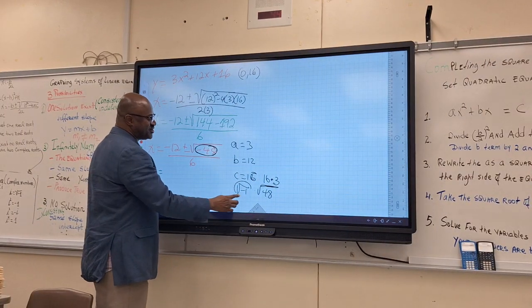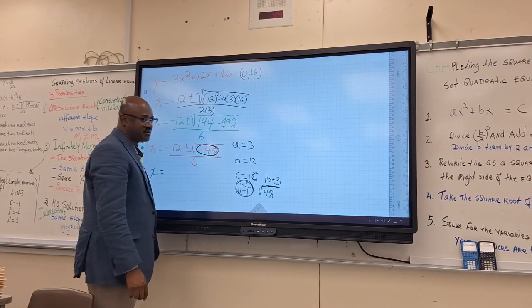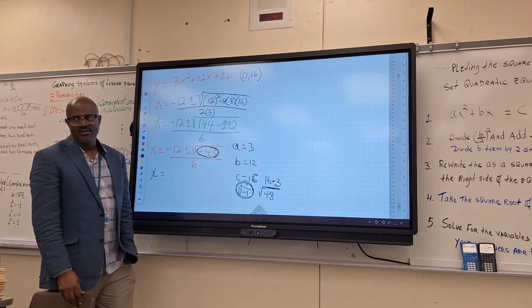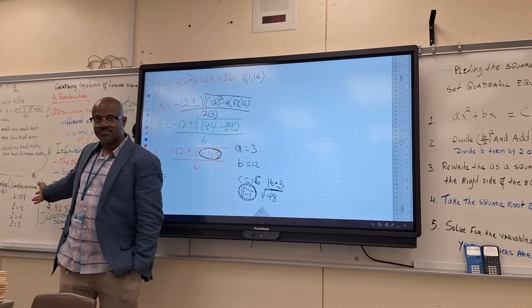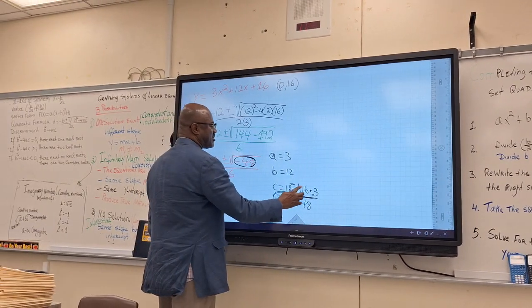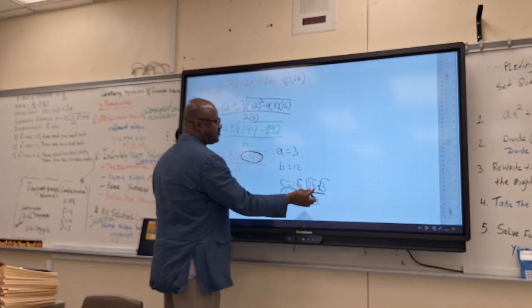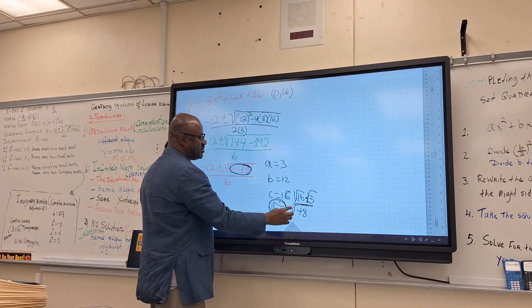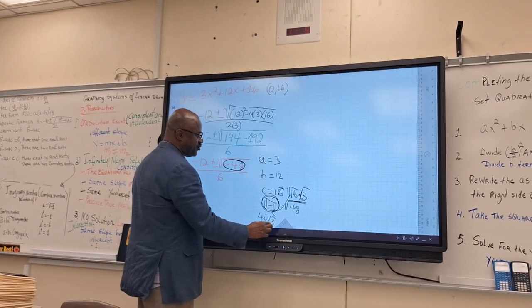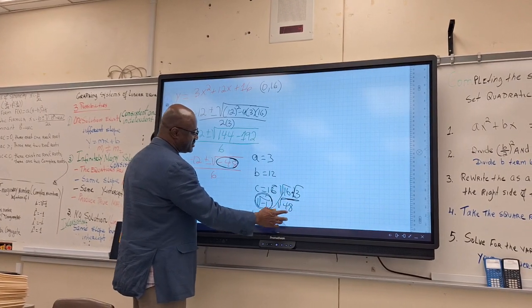By definition, what is the square root of negative 1? i. So you take the square root of that. What is the square root of 16? 4. Then this will become 4i root of 3. That's what negative 48 is.